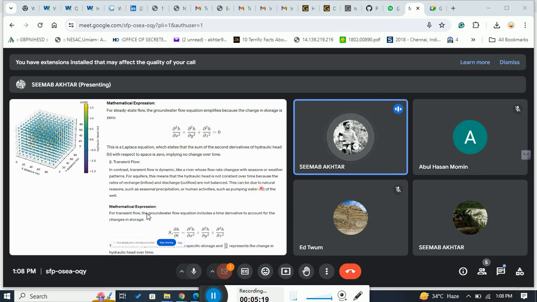This can be due to natural reasons such as seasonal precipitation or human activities such as pumping water out of the well. Mathematical expression for transient flow: the groundwater flow equation includes a time derivative to account for the change in storage.